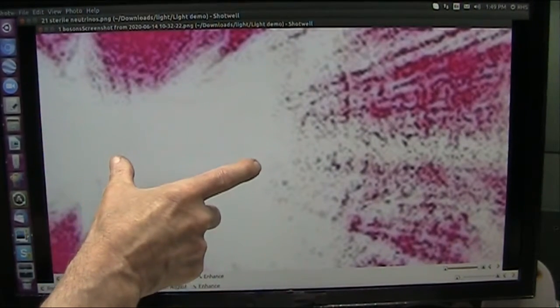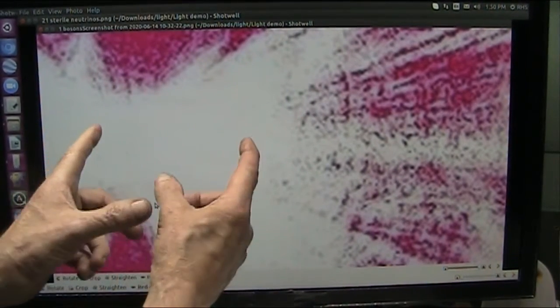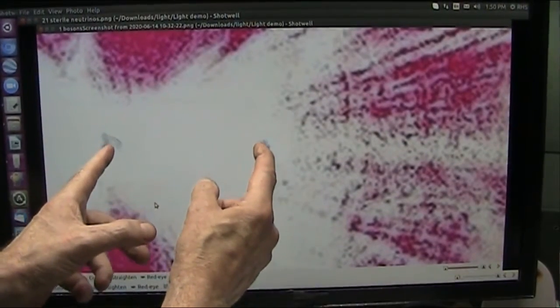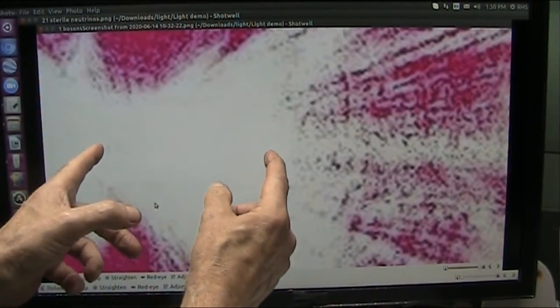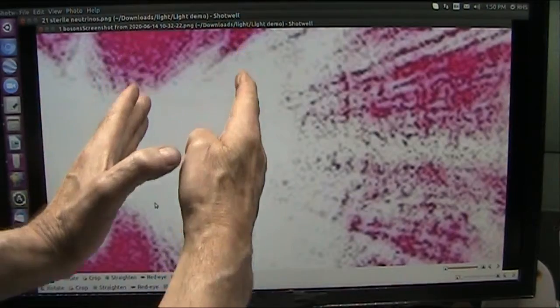We have a region here, which I say is energetically a bazillion times more energetic than it was just before it hit this venturi. There's no question whatsoever.